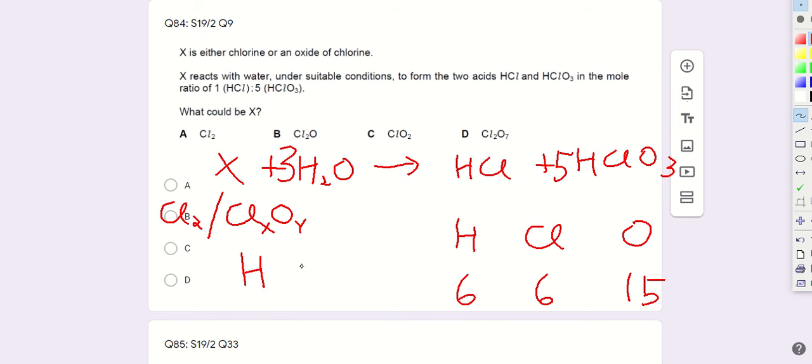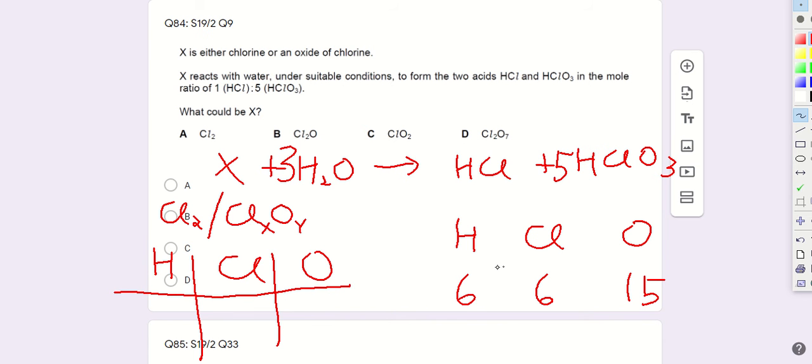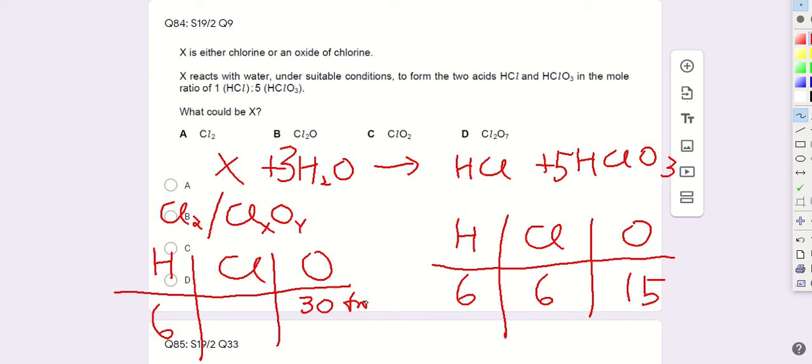Let me write H, Cl, and O, and do the same for the reactant. Now I have 6 hydrogen, so it is balanced already on both sides. 3 oxygen from water.